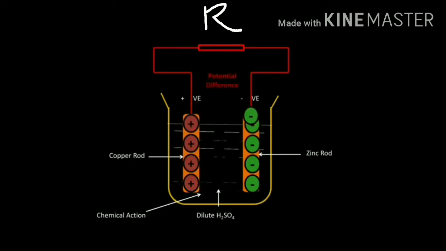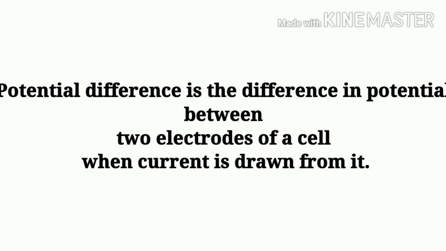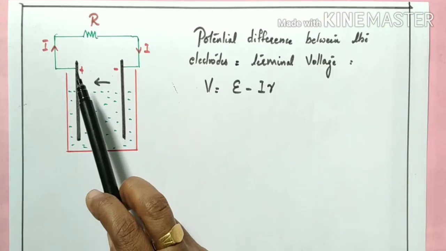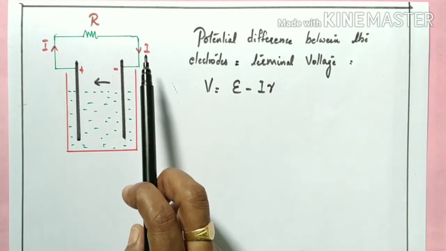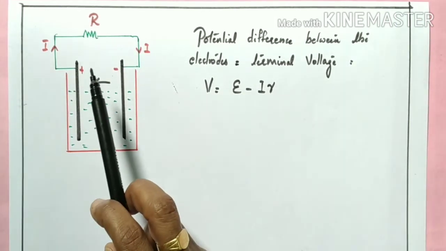Now consider the electrolytic cell is connected to the external resistance R, so that current flows from positive to negative externally. Since current is drawn from the cell, the difference in potential between the two electrodes is called potential difference or terminal voltage. Current flows through the external resistor from positive to negative.